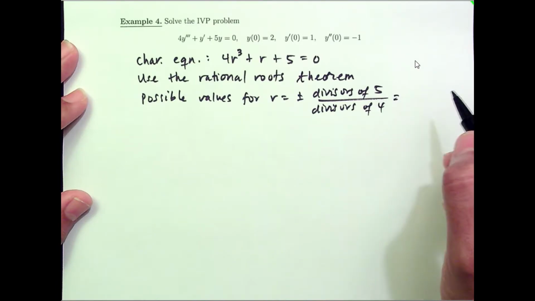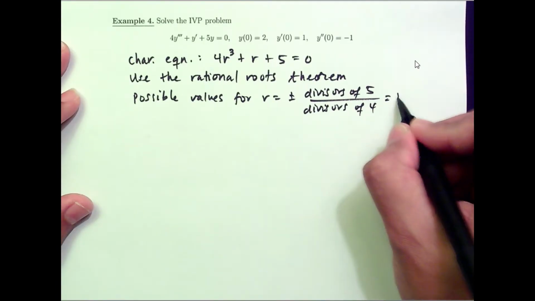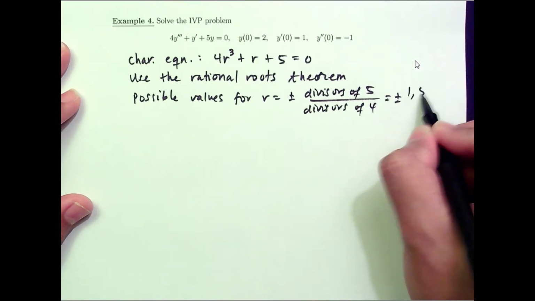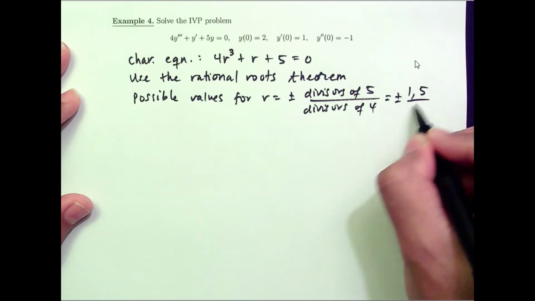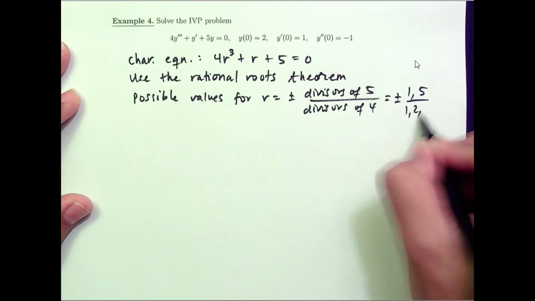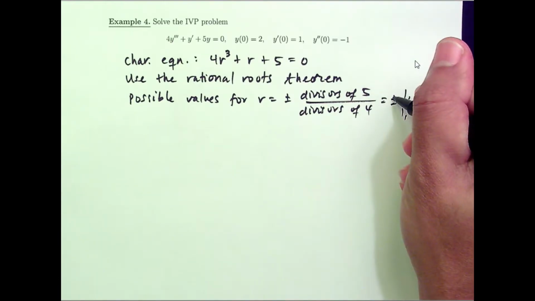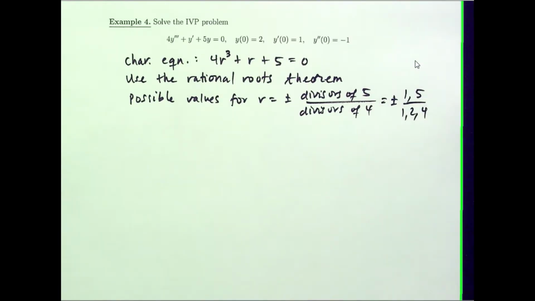So the divisors of 5 on top are just 1 and 5. And then on bottom the divisors of 4 are 1, 2, 4. So those are all the possible combinations you could have, plus or minus. You could have 1 over 1, 1 over 2, a quarter, 5 halves, negative 5 halves, negative 1 quarter, negative 5, because that would be negative 5 over 1, 5 over 1, and so on.